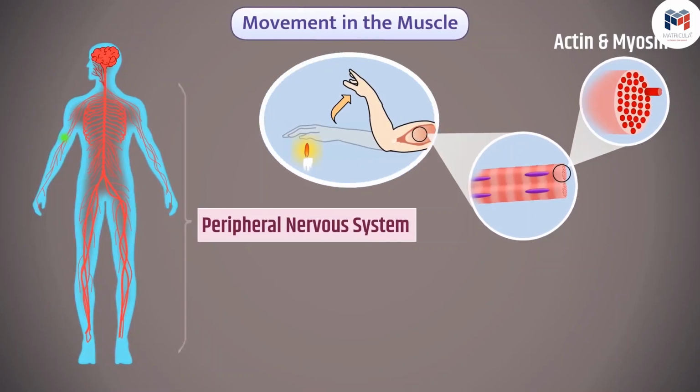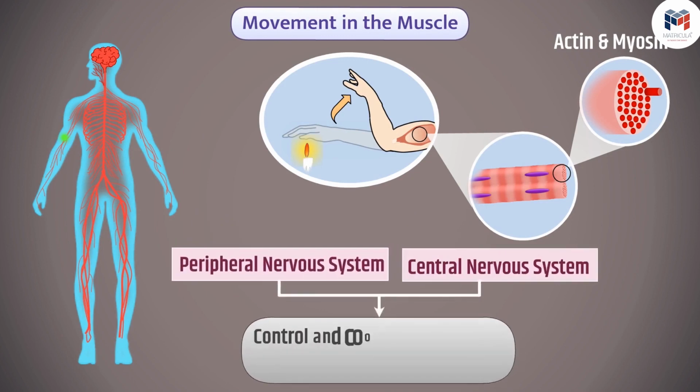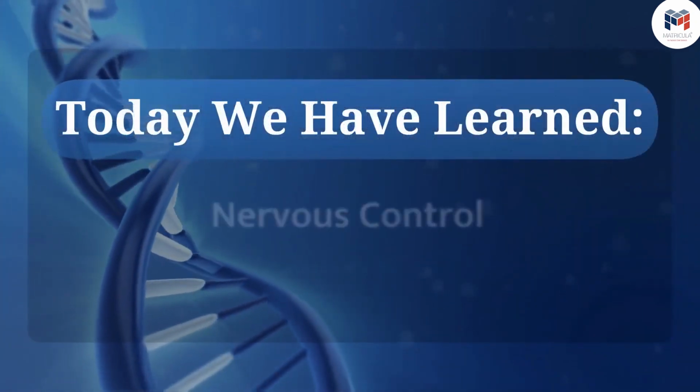Thus, the response is given. Thus, the central nervous system and peripheral nervous system control and coordinate various functions of the body. So today we learned about nervous control.